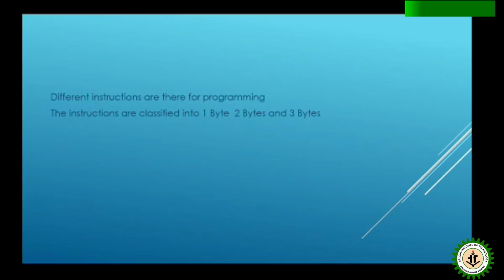Now what happens? It is a very good programmer who can write a program with less space. In 8085 microprocessor, one problem may be written in different ways.